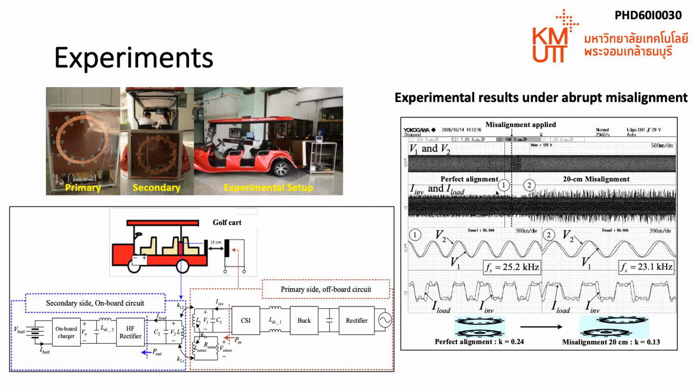The secondary coil is suddenly moved, and the primary and secondary voltages remain constant. Only the frequency changes, because the omega 2 that we track depends on the coupling, which is related to the coil position.